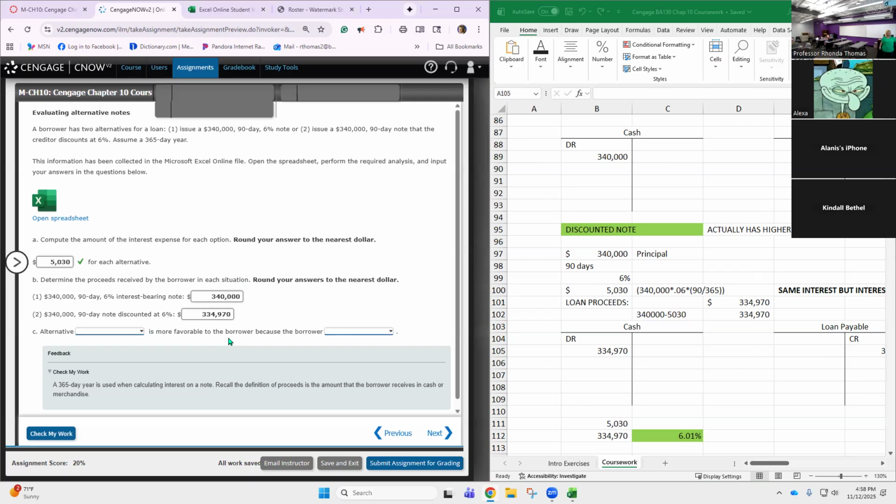On a discounted note, they subtract that interest from the note and give you what's left. So if you're a business trying to grow and you're going to pay 6%, would you rather get $340,000 to do what you want, or would you rather get the discounted amount?